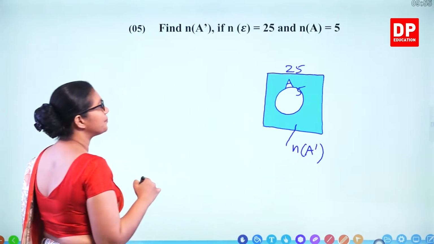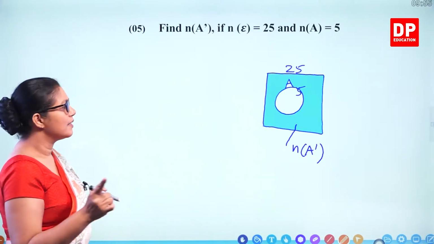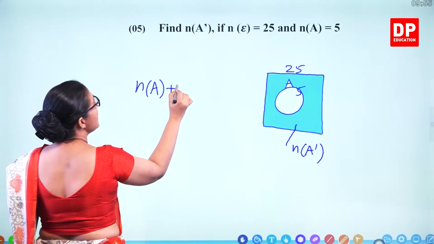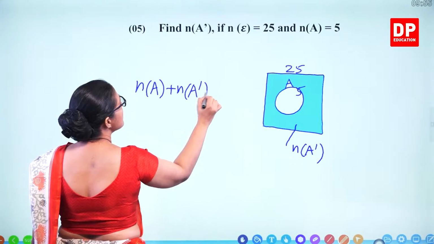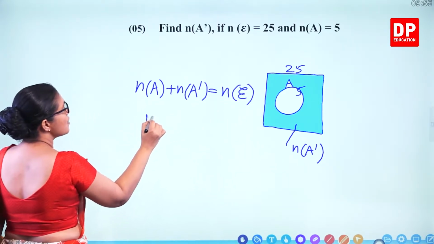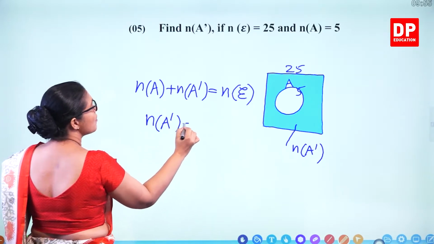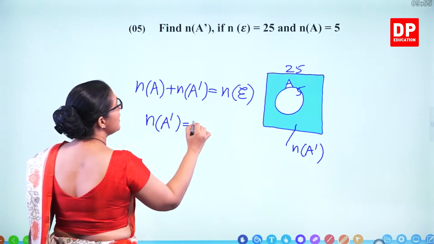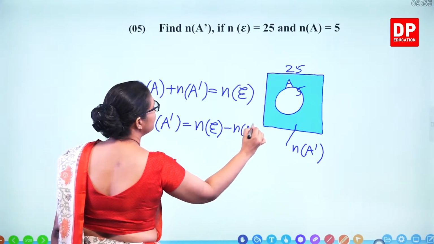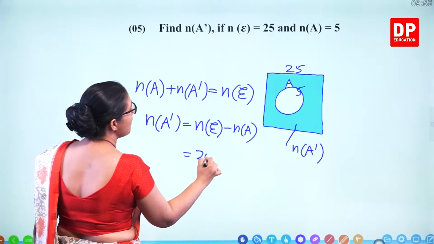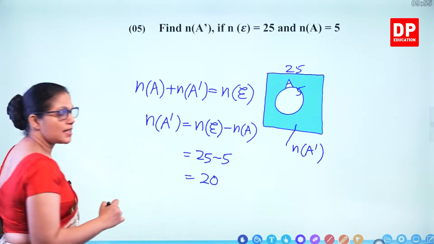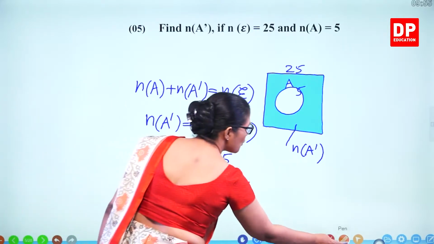So what's that? You can subtract. So you can write n(A) plus n(A dash) is equal to n(epsilon). So that's the whole thing when you add it. So n(A dash) is equal to n(epsilon), that's the whole thing, minus n(A). So 25 minus 5. So that's 20. So 2 marks for that.